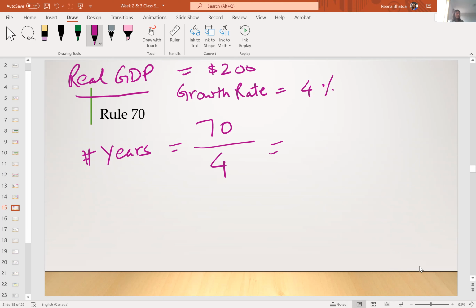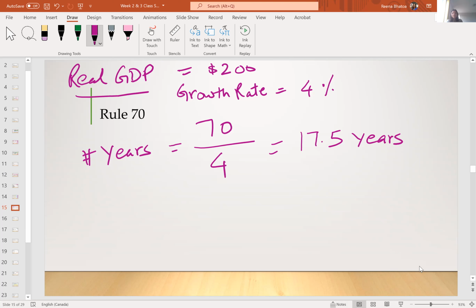It's going to take 17.5 years. It will take 17.5 years for the real GDP to be 400 billions of dollars if it continues increasing at a 4% growth rate.